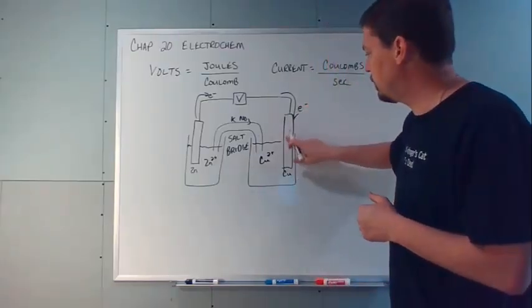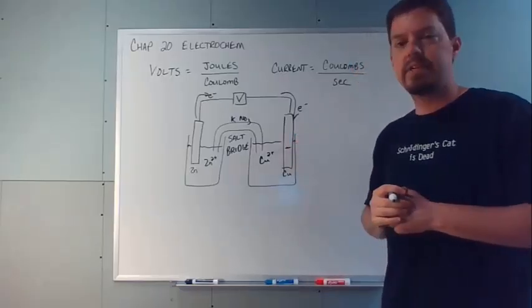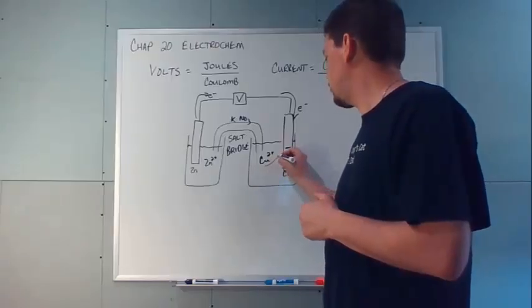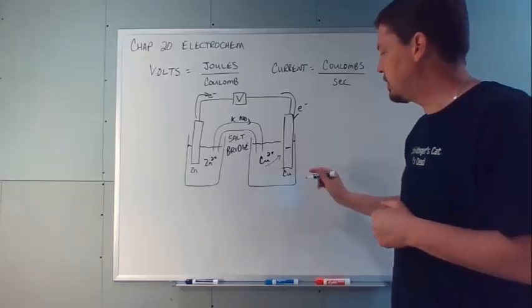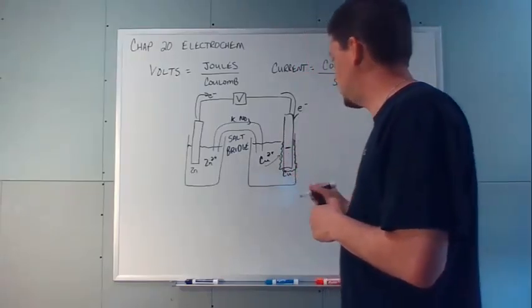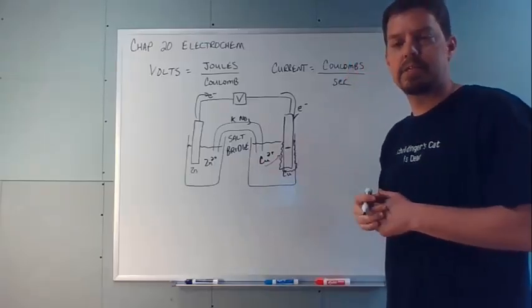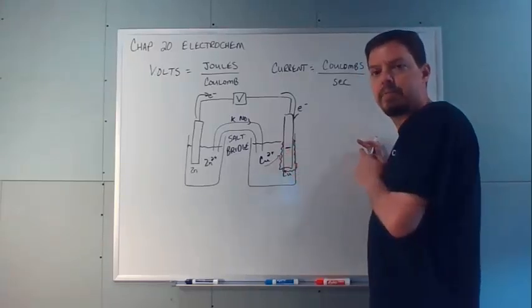When the electrons flow into here, as I said earlier, this starts to make this negatively charged. Well, if this becomes negative, then the copper flows this way. The copper ions will pick up those negative charges, and you'll start to see the size of this get bigger because the copper ions are going to start coming out of solution in order to pick up these electrons and become copper metal.